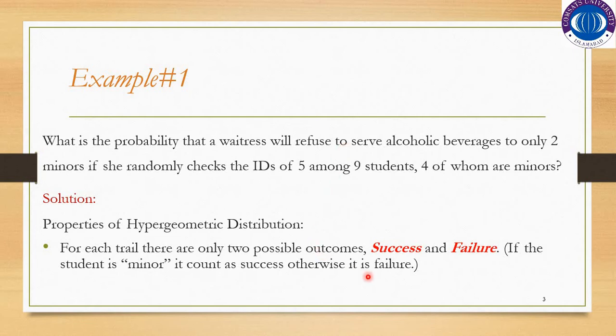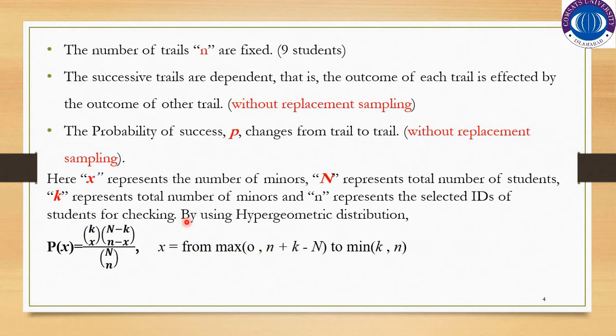Otherwise, it is failure. If the student is not a minor, she will serve the beverage. It means it is a failure, because we are interested in not serving the alcoholic beverages to the minor. So if she refuses and finds out that the student is a minor, this is success, otherwise it is failure. The very first property of the hypergeometric distribution is fulfilled here.